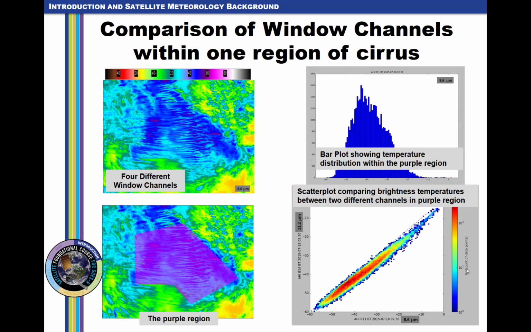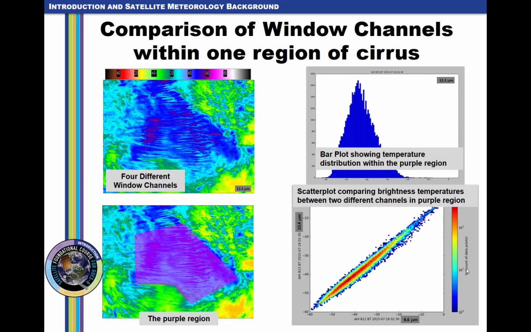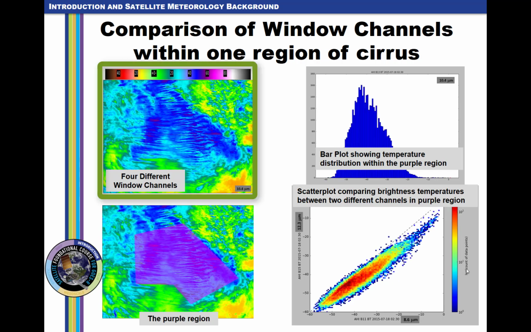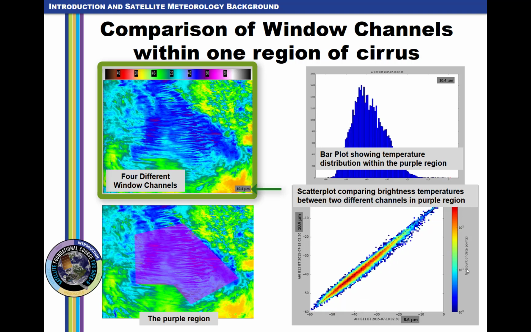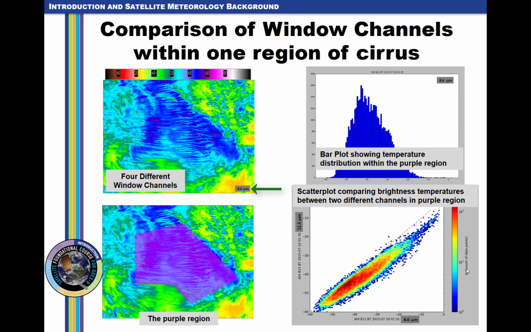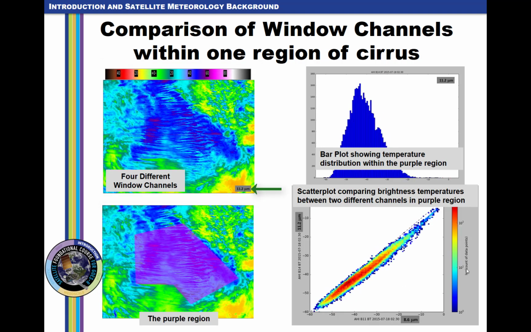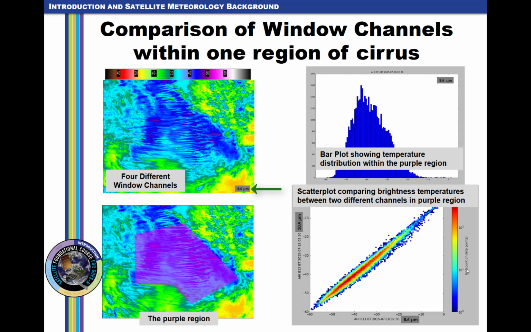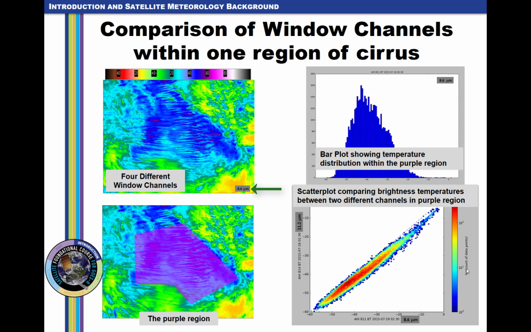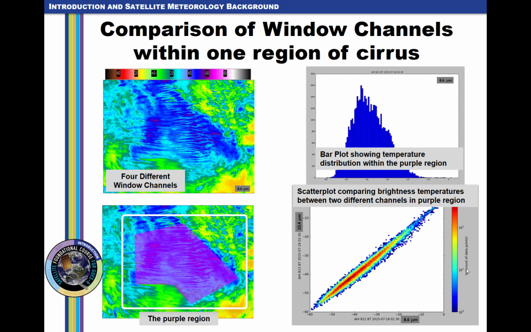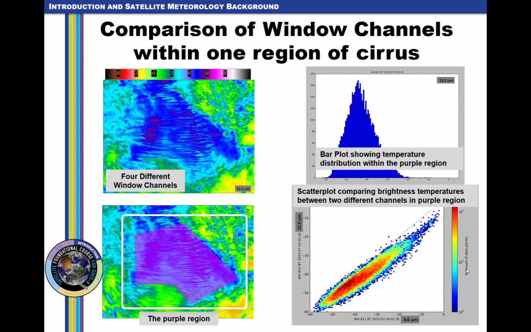The plots on this page document subpixel effects. The 4 window channels, bands 11, 13, 14, and 15, are in the upper left. This is from AHI data, so the central wavelengths are 8.6, 10.4, 11.2, and 12.3 micrometers. The detected temperature is cool for this thin cirrus as the wavelength of the observation increases within the purple shaded region.